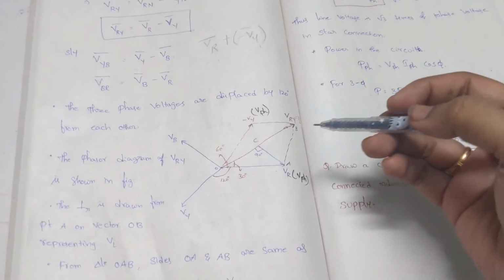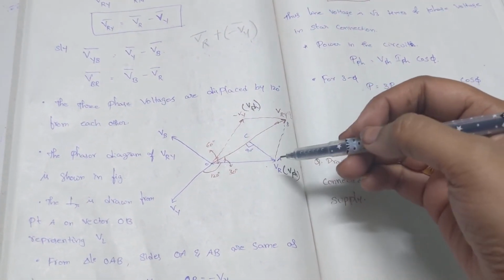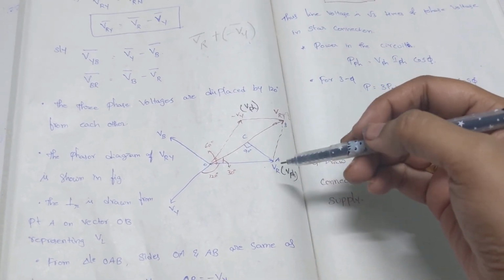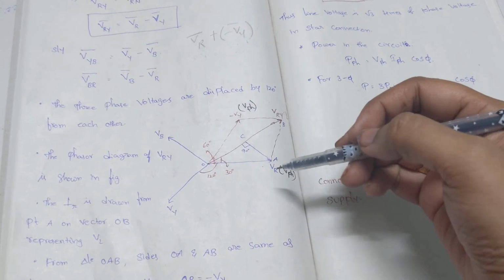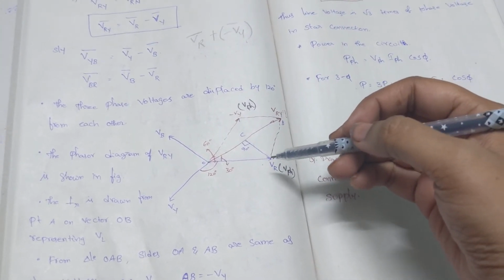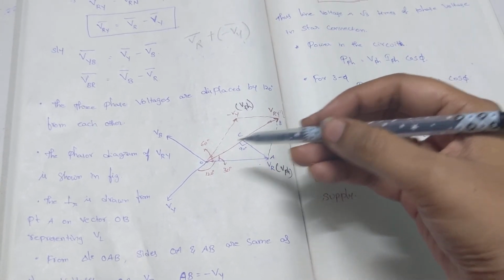Now draw a perpendicular on the line voltage from point A. So from point A, we draw the perpendicular on the line voltage OB.